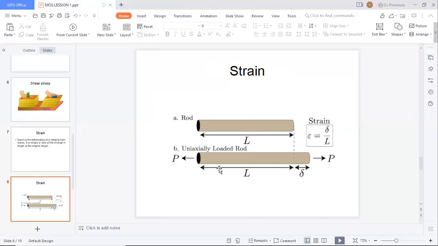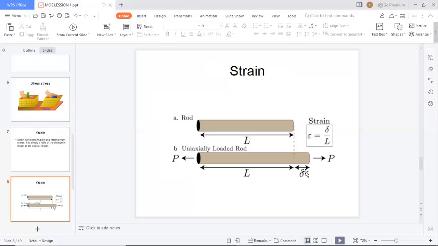Here is a uniaxially loaded rod or bar. The forces are acting like this. This is the tensile force, denoted as P. While the tensile force is applied, the rod will be deformed.